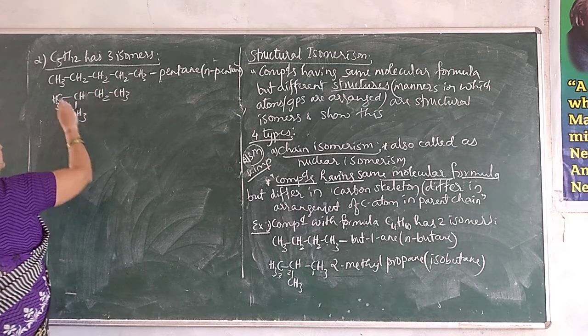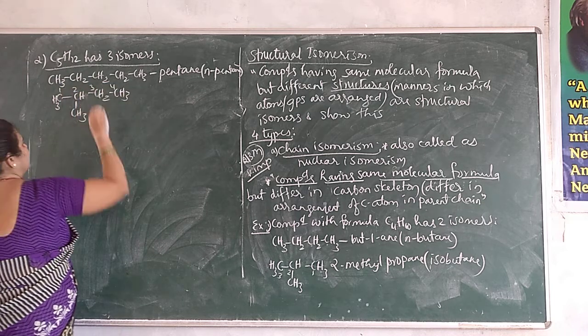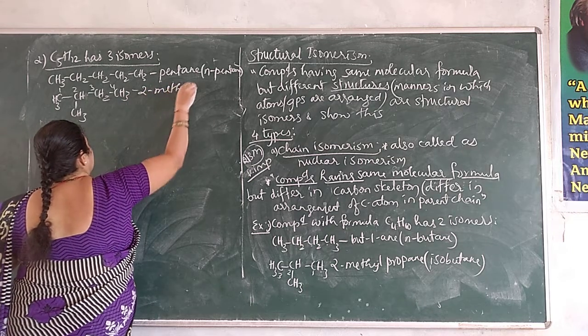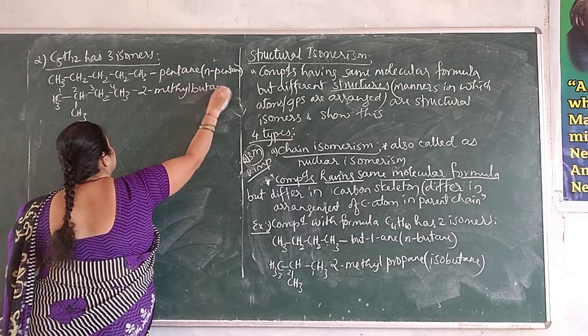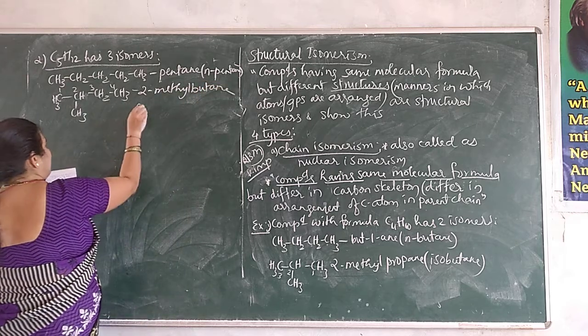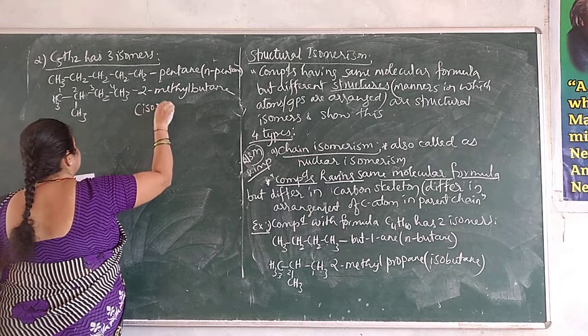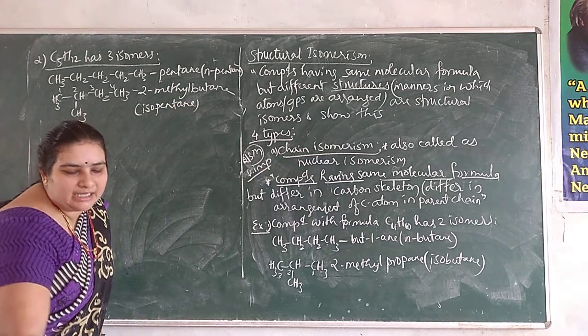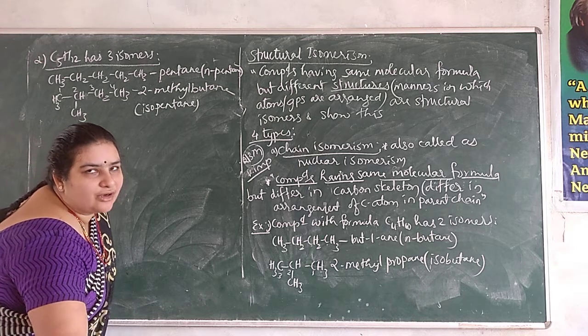So here 1, 2, 3, 4: 2-methylbutane, or isopentane. In the bracket I have written the common names for your convenience.